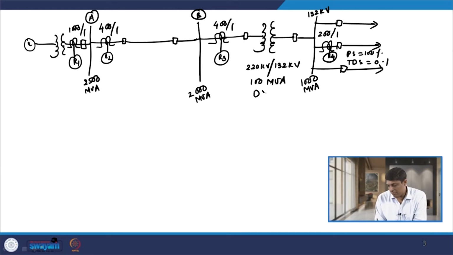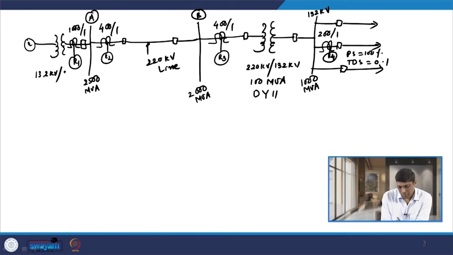Its winding connection is Dy11. In the same way we have a transformer on the left hand side of relay R1, with a value of 13.2 kV by 220 kV, as this line is a 220 kV line. So the transformer ratio is 13.2 kV to 220 kV and its MVA rating is 250 MVA with connection Dy11, and since this transformer is connected to the generator, it is known as the generator transformer.